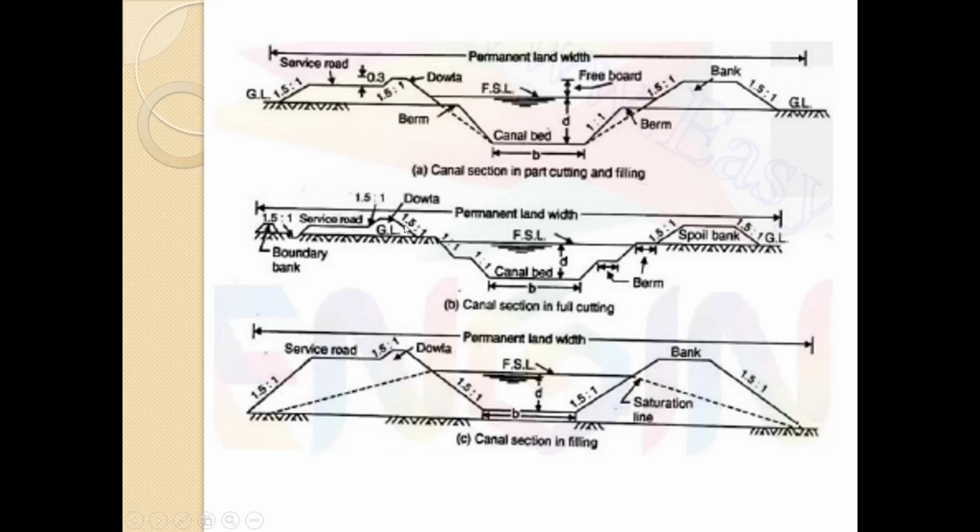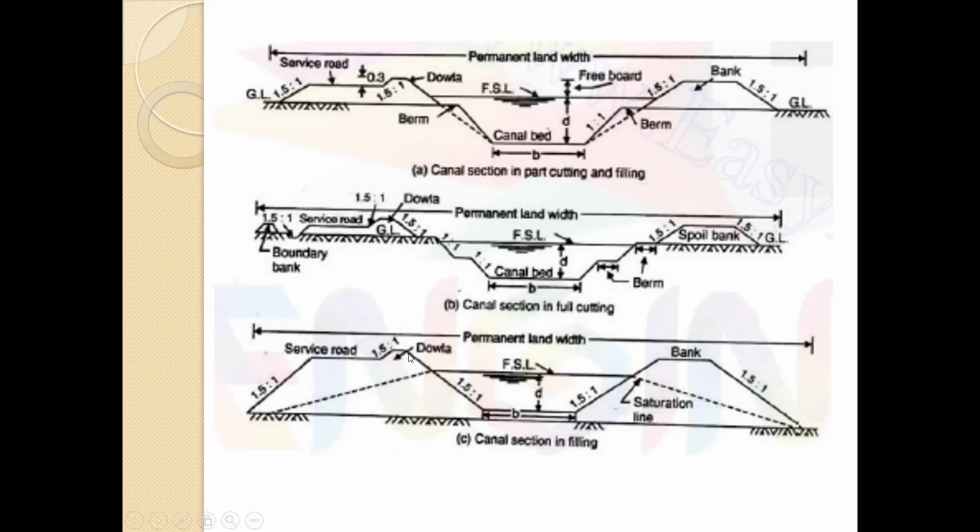Then you can see this is the full cutting, where the ground level is over here, and these are the service roads, and these are the spoil banks, and this is the FSL for this particular canal. Then this is the section in filling.